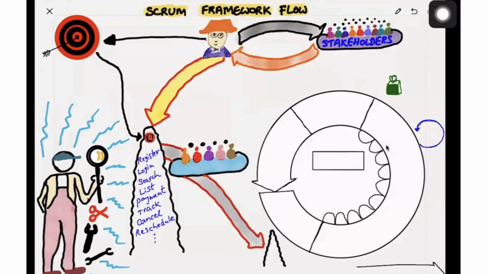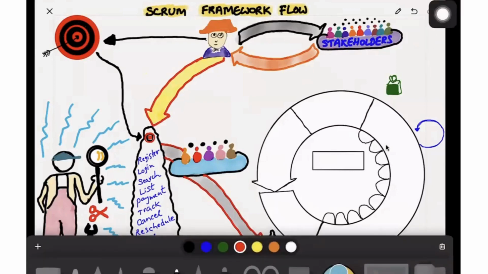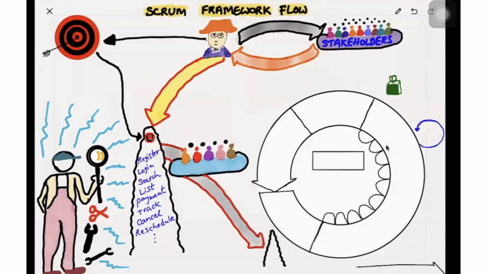In this example, we are going to take stakeholders who are senior citizens living alone without any help, and they are facing some problems with managing their medical needs.